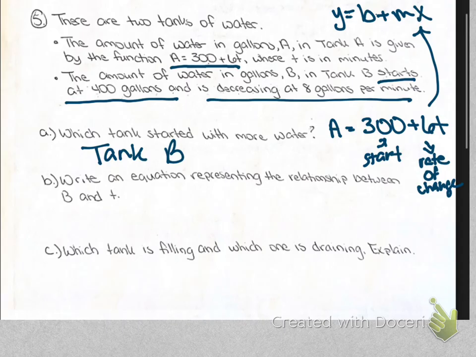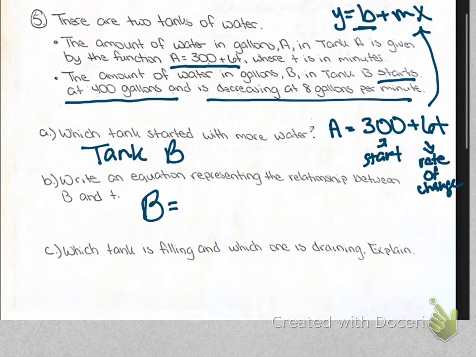Alright, part B. Write an equation representing the relationship between B and t. So we're going to format this the same way this equation is. Okay? Our uppercase letter, our water in gallons in our tank, that is our dependent variable. So that's going to be our starting variable. So we're going to have B equals, and we're going to put our y-intercept, our starting point first, just like they did. So our starting point is how many gallons we started with.